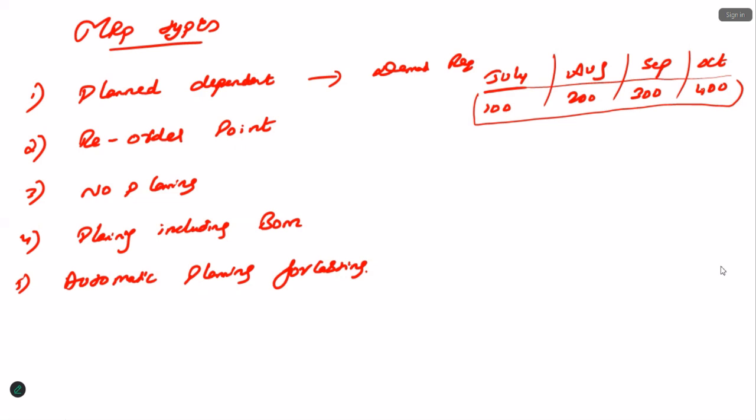The plan independent requirement can come from the sales order, the production order, or the high-level system. You need to check those and decide what quantity should be raised. You can calculate on your own and give the values to the system.